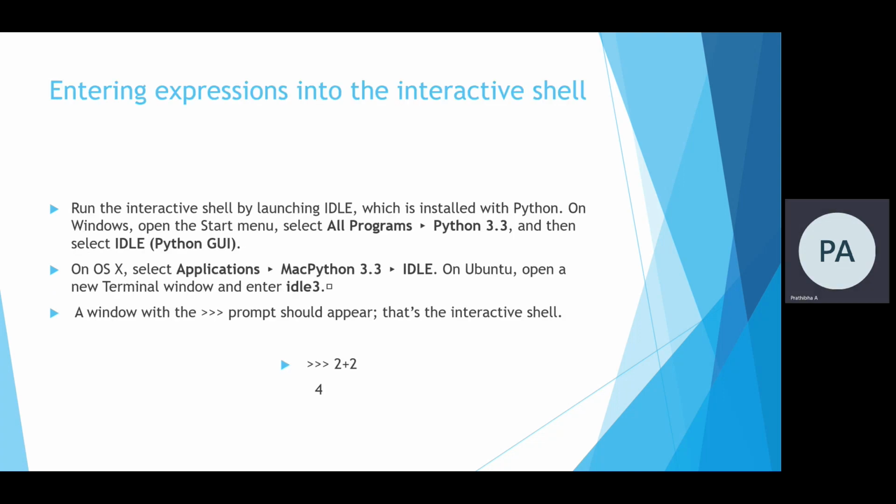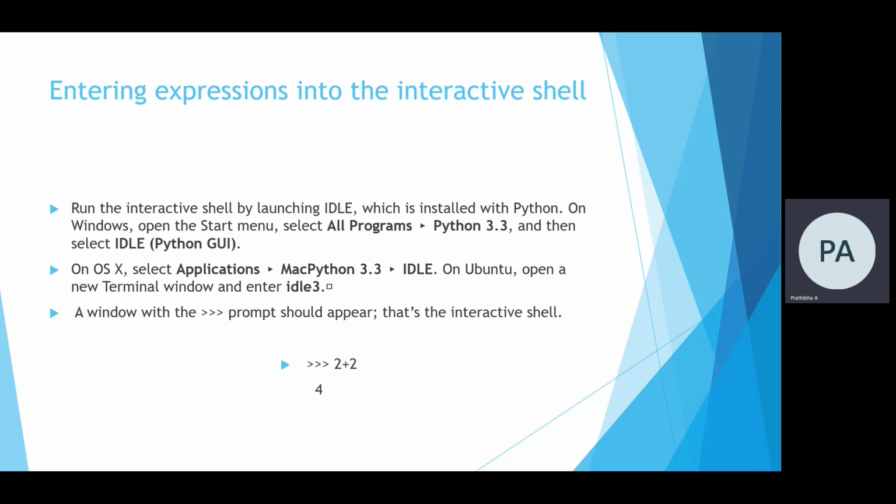So start with entering expressions into the interactive shell. Run the interactive shell by launching IDLE, which is installed with your Python. Once this Python GUI has been opened, I have given instructions here for different operating systems.